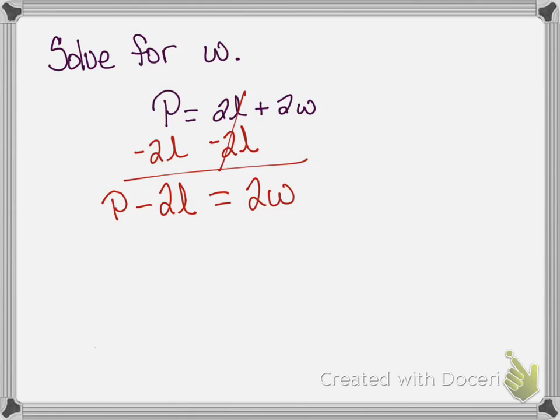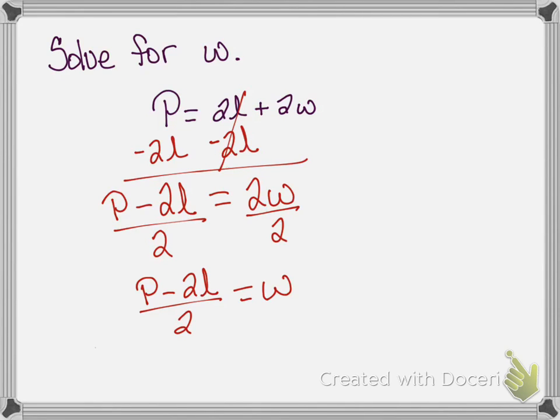They're not like terms, so I can't combine them. So I rewrite it as P minus 2L. At this point, I've got 2W left on the right-hand side, so I divide by 2. So P minus 2L divided by 2 equals W. Okay?